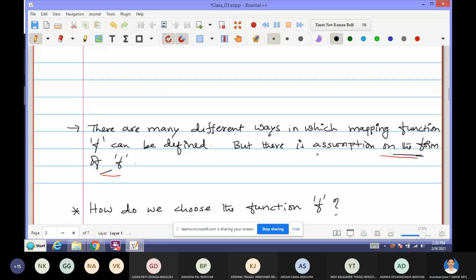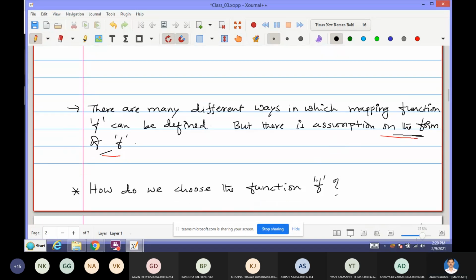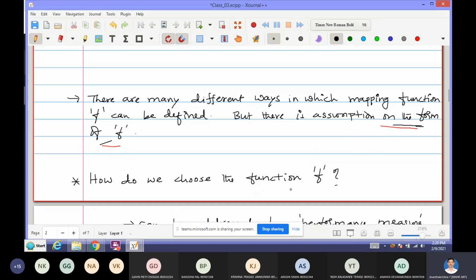Then how do you choose the function f is the question. It's actually a challenging question to answer, because f can have many forms, and which one do you choose as best for your input data?